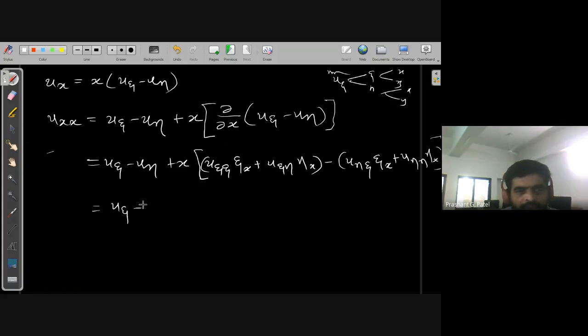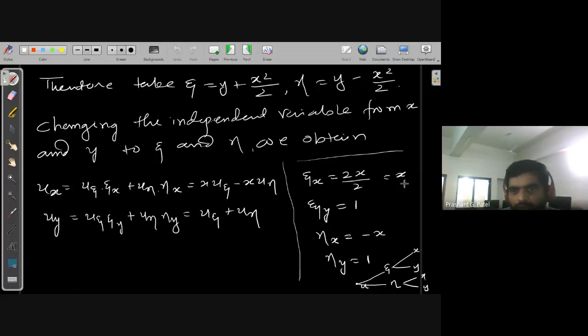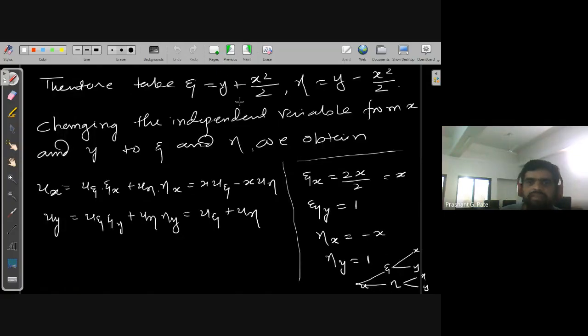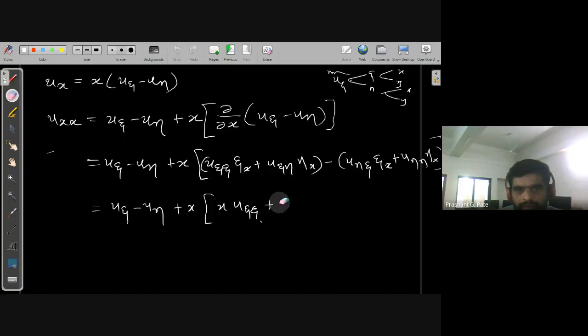So this will be u xi minus u eta plus x. Xi x we have calculated is x, so it is x into u xi xi, plus eta x we have calculated is minus x, so it is minus x u xi eta. Then minus u eta xi x, and with the minus, minus minus becomes plus x u eta eta.